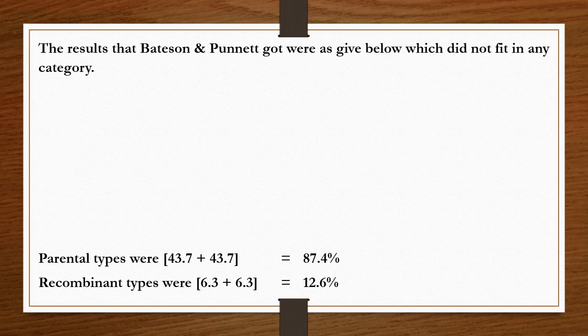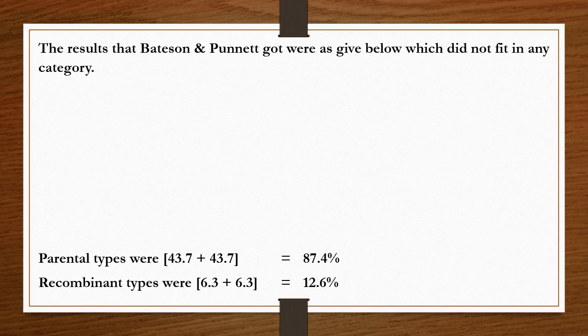But this cross was done by Bateson and Punnett. The result that Bateson and Punnett got was as given below, which did not fit in any category of the law of independent assortment or linkage. It does not belong to any category we discussed in the previous slides.